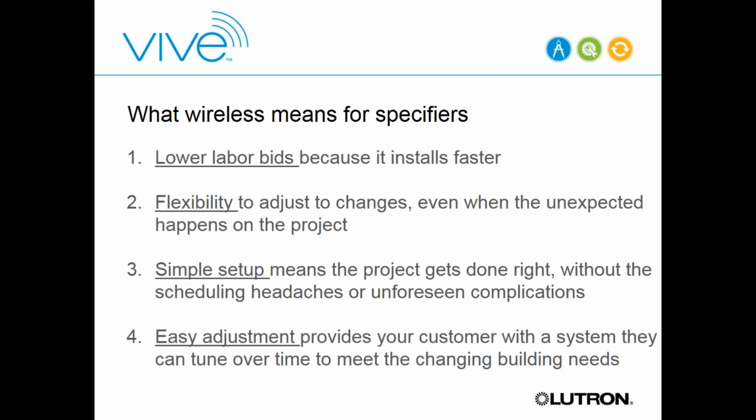Not only that, we talked about how there's changes and uncertainty throughout the process. By having a wireless system, you can adjust to those changes without significant design alterations or change orders or things like that. An example of this is actually we worked on a project where we were doing a music hall and they had occupancy sensors. But towards the last minute, someone had to put in some additional sound dampening equipment that blocked some of the view of the sensors.